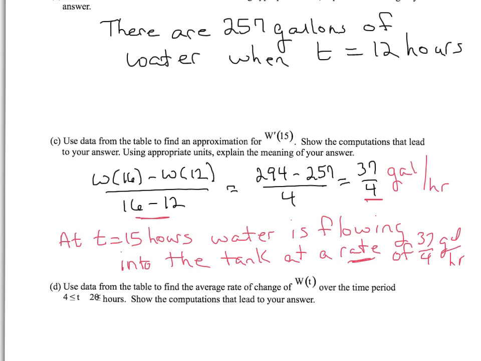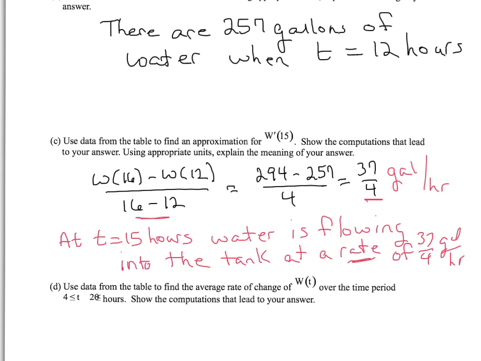So you need to have the word rate in your explanation because that is a rate of change. It's the rate at which water's flowing into the tank at 15 hours. So these would probably be the two things they'd be looking for: at 15 hours, and rate. You've got to be able to explain what our answers mean. These are not hard. You just have to show your work.